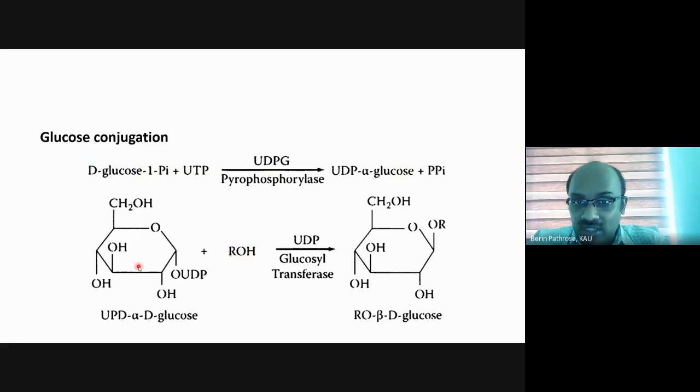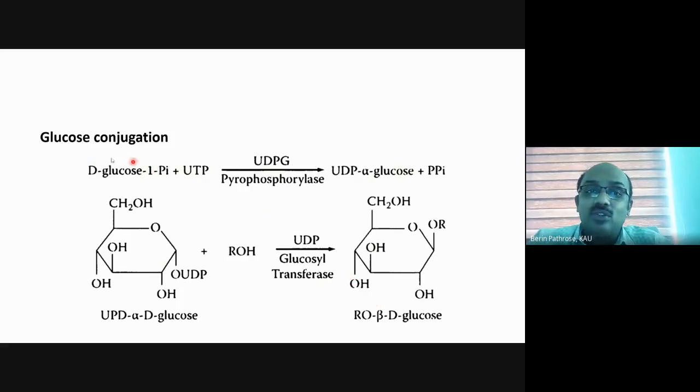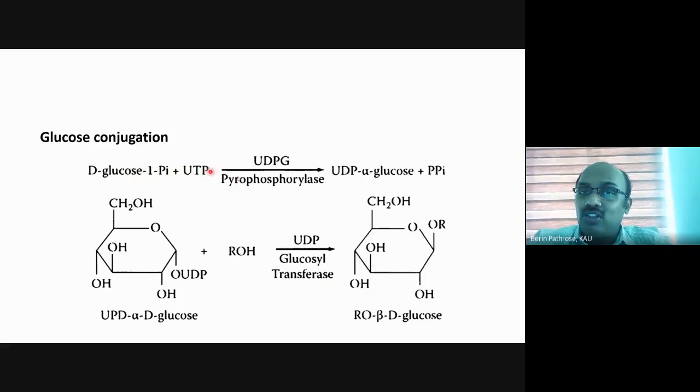So UDP glucose will react with the product of phase 1 metabolism and form a more hydrophilic or more polar molecule. Here the conjugating agent is glucose, a sugar. The sugar is activated by the addition of UDP, an energy carrying molecule. Understood? How a conjugating agent is activated?